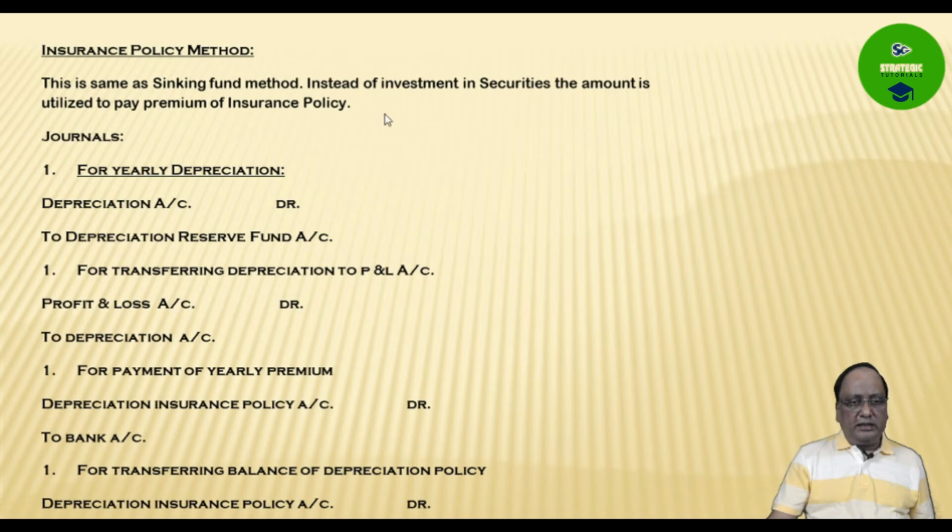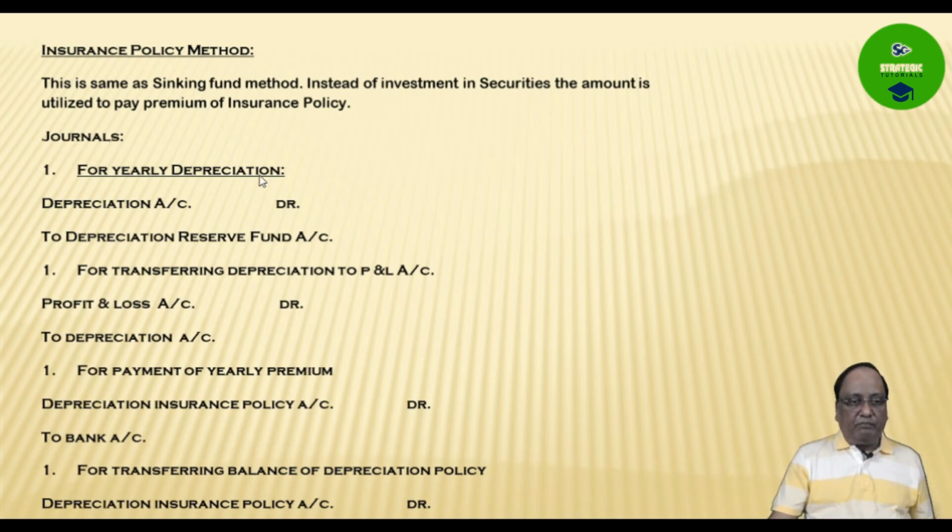The same as the sinking fund method, instead of investment in securities, the amount is utilized to pay the premium of an insurance policy. So in sinking fund we are doing the investment in securities, but in this method we are purchasing some policy of insurance and we are giving the premium, that's all.